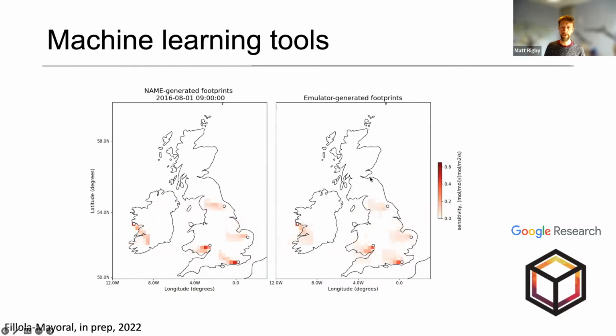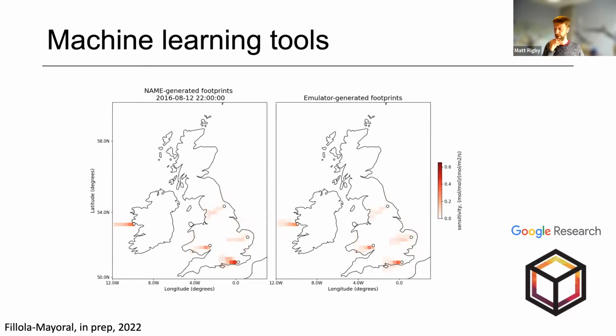I think I have an animation. Yeah, so you can see this gives a sense for what these emulated footprints are. The true footprints are on the left and the emulated version is on the right. And so we've been quite encouraged. This is a relatively straightforward machine learning algorithm, but it shows some promise that we can start to use these machine learning approaches to help solve one of these bottlenecks.